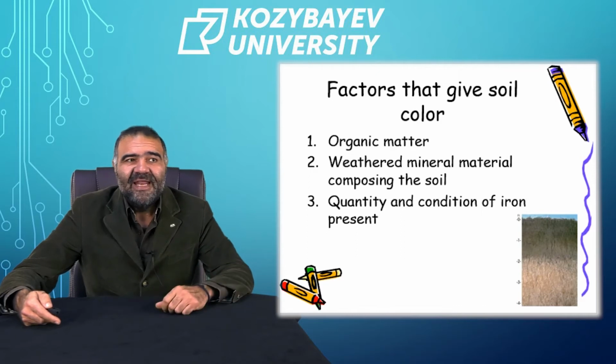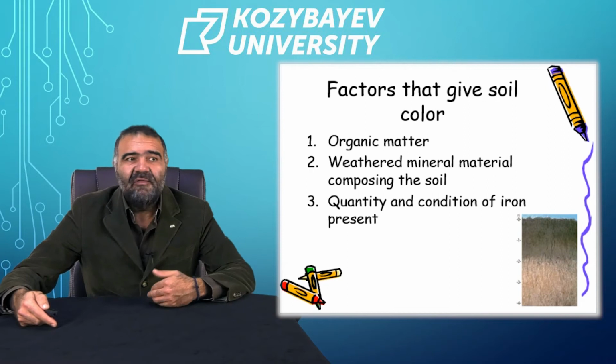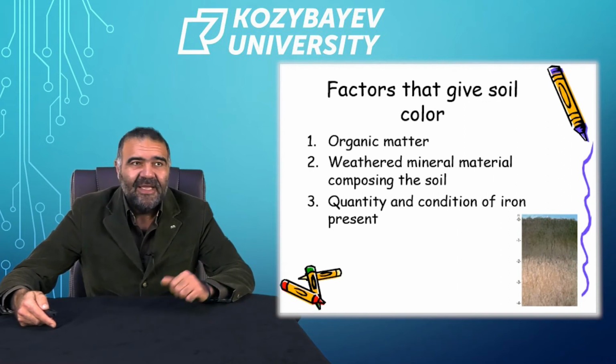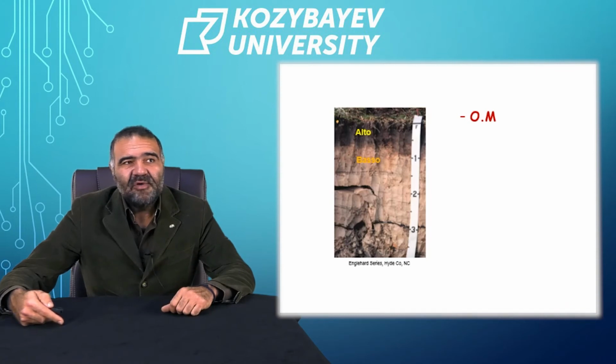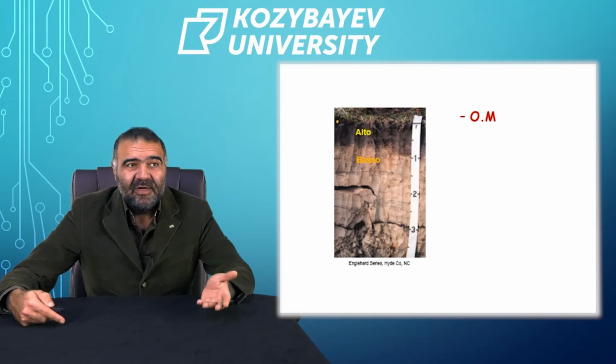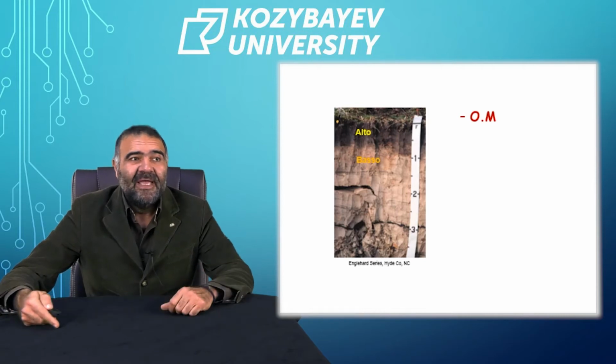Also the weathered mineral material composing the soil, and the quantity and the condition of the iron present in the soil. For example, in the uppermost part, the highest part of the soil surface, we have a browner, darker color because of the organic matter.